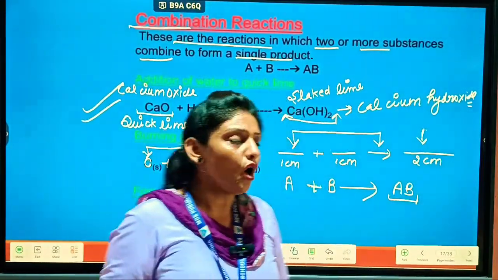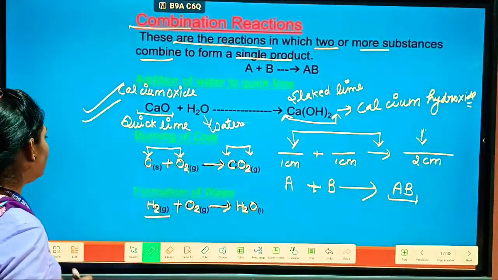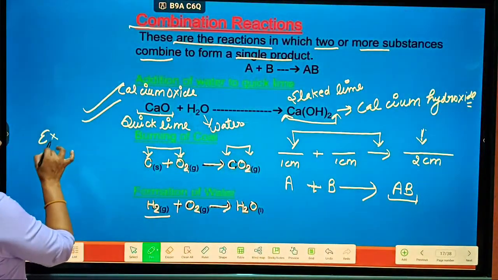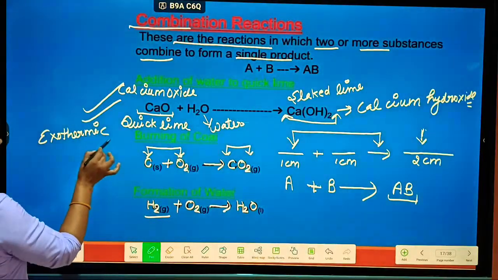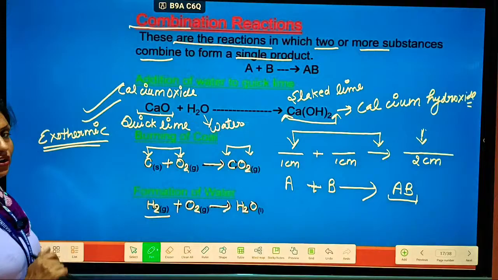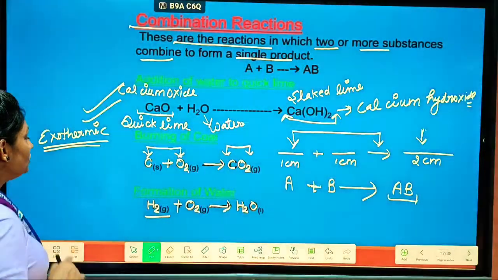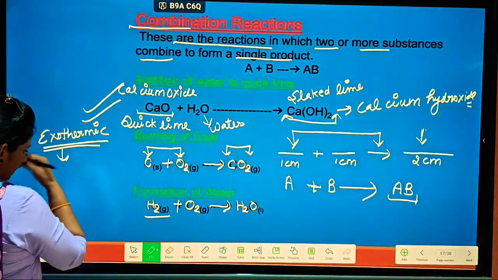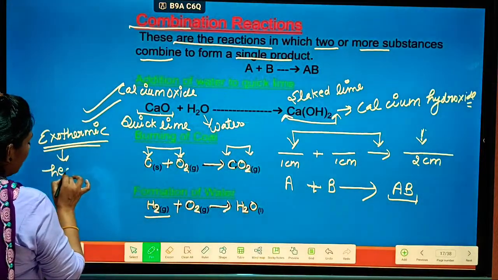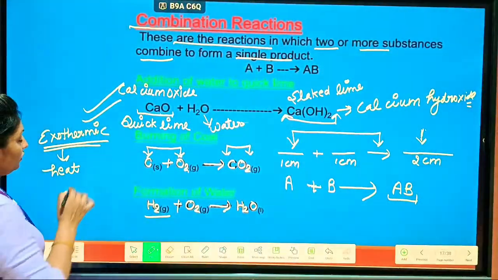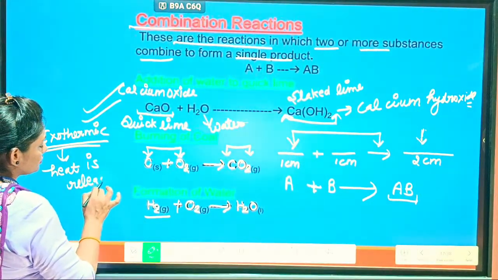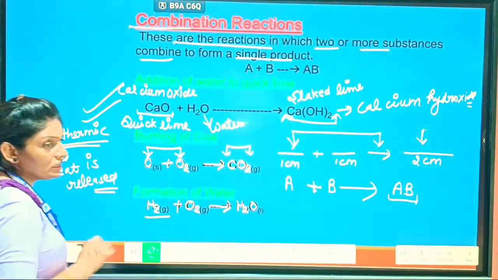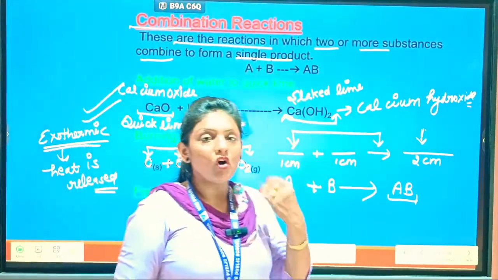Students, you know, almost all combination reactions are exothermic. What do you mean by exothermic? Students, exothermic reactions are those processes in which heat is released. Released means escaped out, evolved.